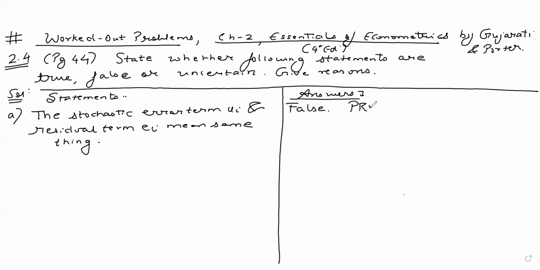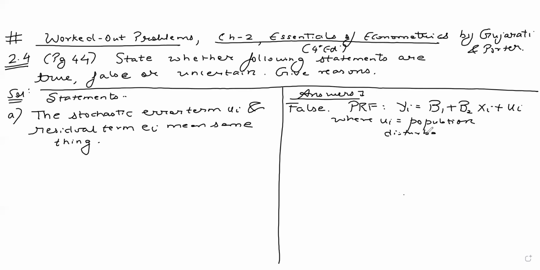Because if you look at the population regression function, it is yi equals B1 plus capital B2 xi plus ui, where ui is the population disturbance term.